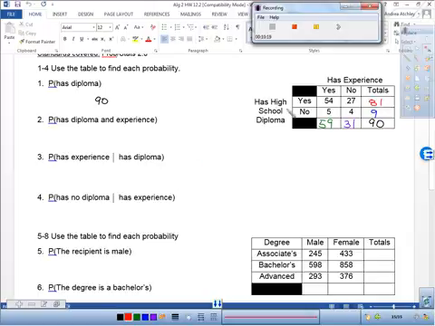Does that make sense? Because this is yes, have a high school diploma. So it's over 81, or 81's on top, which should be 90% of them.